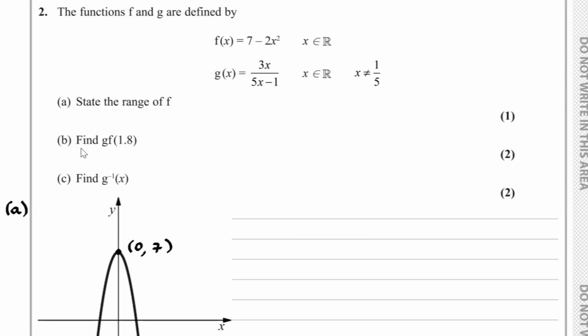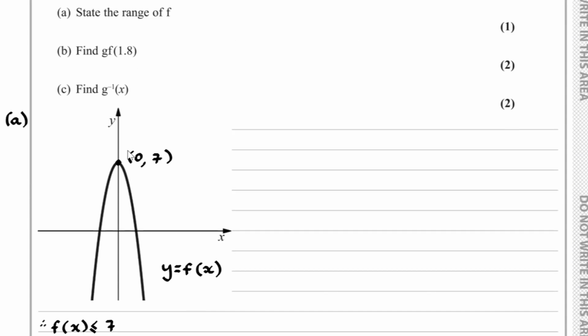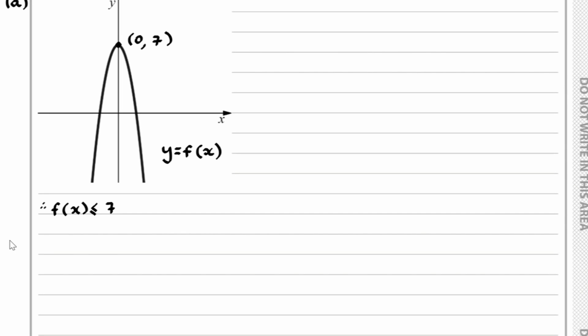Now for part B, we have to find g of f of 1.8. The first thing we can do is find out what f of 1.8 is, and then find g of that result. So for part B, let's begin by finding out what f of 1.8 is.